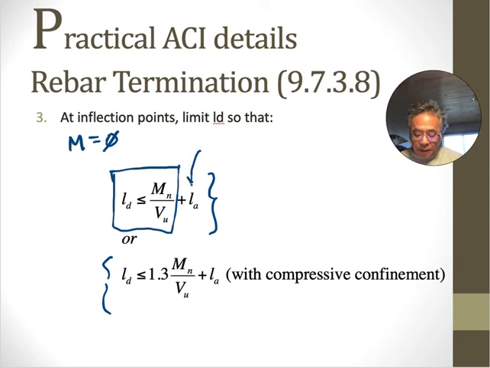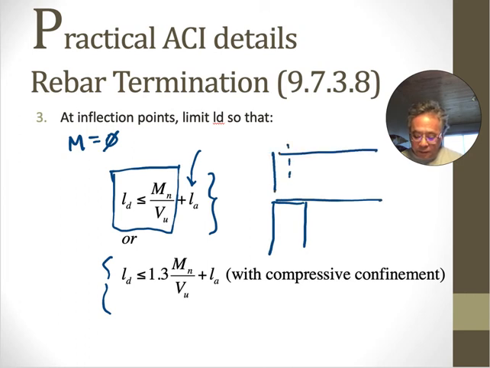So what is this? Okay, so here's a beam. There's your moment diagram. There's that MN over VU slope. And it needs to be outside.